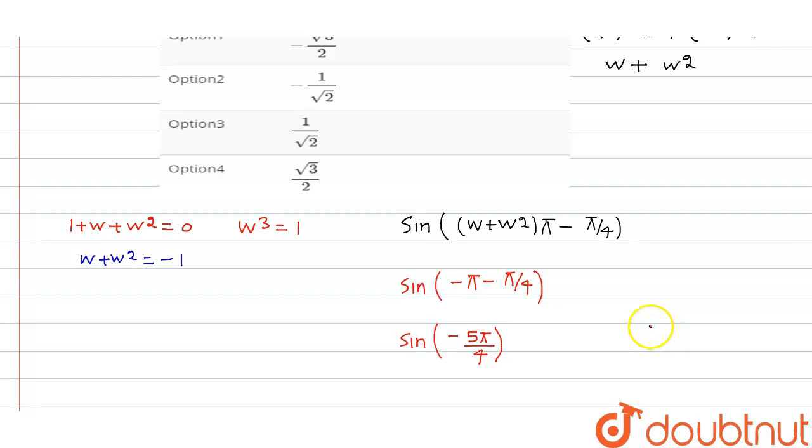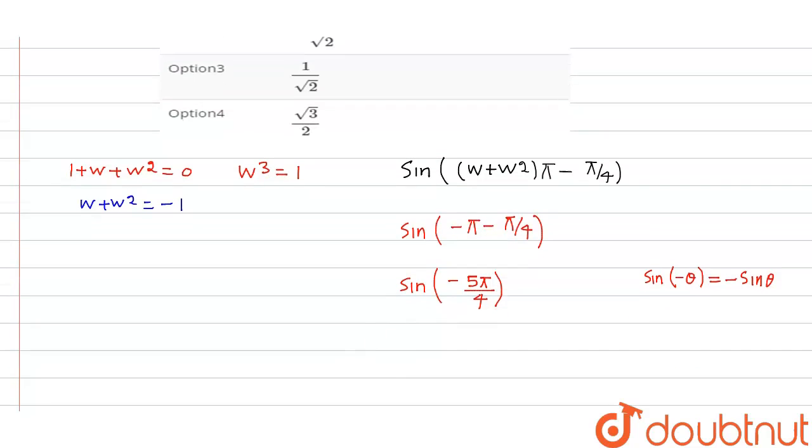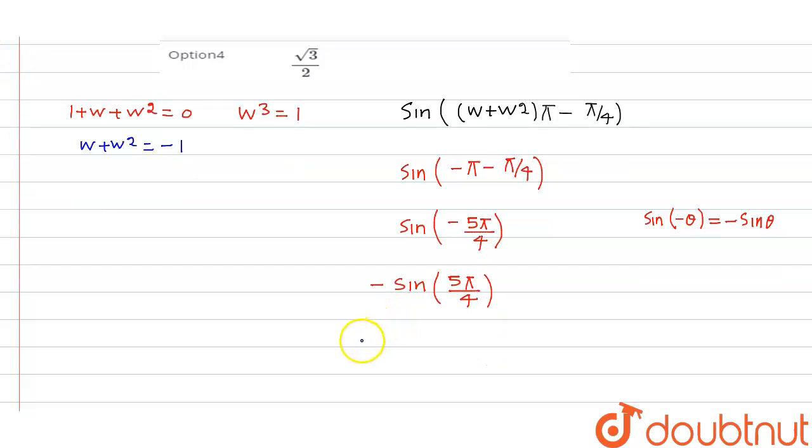So we know one thing, that sine of minus theta is equal to minus of sine theta. So this will be minus sine 5 pi by 4. This can be written as sine of pi plus pi by 4, and we know that sine of pi plus theta is equal to minus of sine theta.